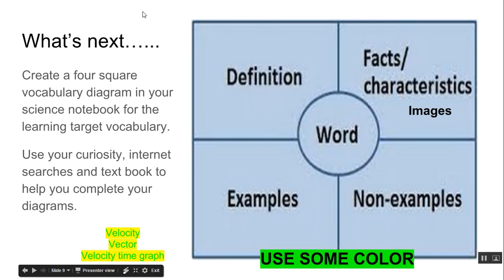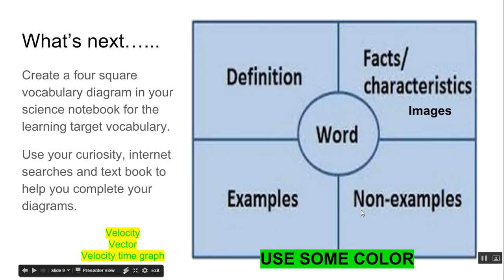And then finally, our last step today is I want you in your science notebook to create a four-square diagram for our target vocabulary. The vocabulary is right down here. You're going to do one four-square diagram for velocity, one for vector, and one for velocity time graph. So you're going to do three separate diagrams.